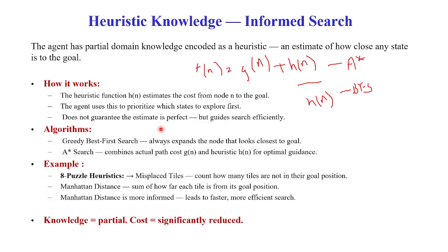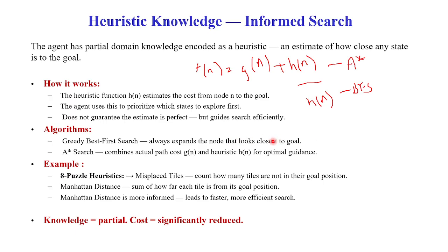But it does not guarantee a perfect solution, but it will guide you to the goal and the search becomes automatically efficient. So, what are the algorithms that are possible? First, we can talk about greedy best first search. This will try and always expand the node that's really closest to the goal according to the value of h of n.